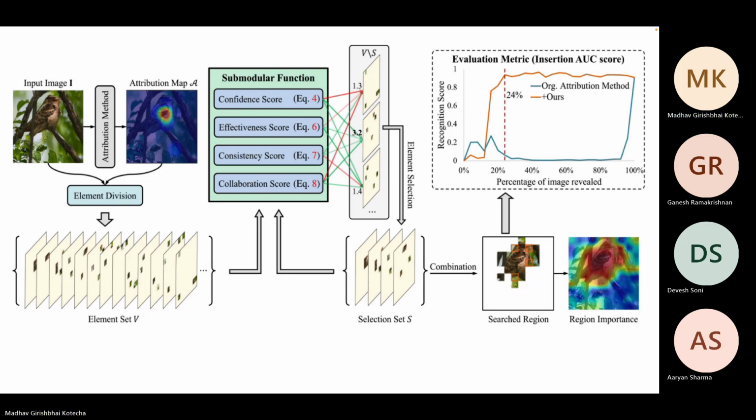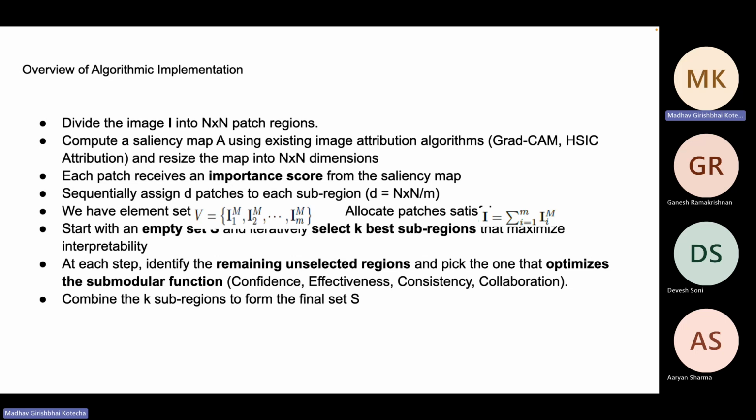So we can minimize the number of regions and increase the importance of those particular regions to get the correct prediction. So this is the algorithm which I have just now explained. We can select how many subregions we want, we can go up to a total of m subregions as well.